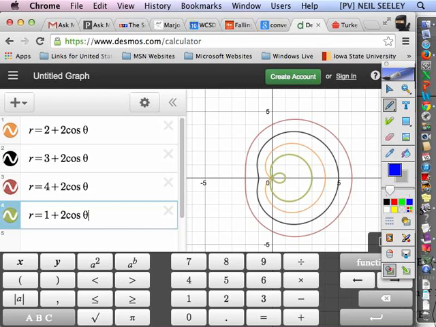If I make it 5, it'll pull it away further yet. I think of this outside number as the thing that sucks it away from the origin. The inside number, like this 2 right here, if this number out front doesn't have enough power to suck it out, look what happens. It goes in the other way. It's like pulling on this, but it's so weak that it got beaten by this one and it got sucked inside. Isn't that crazy?